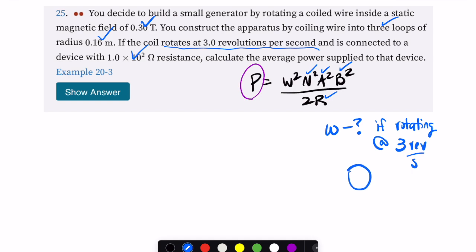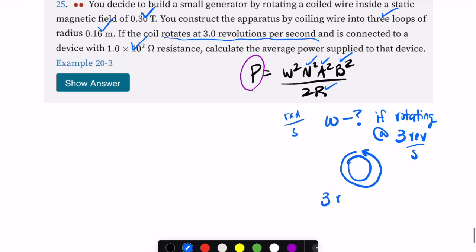If we go around a circle 1 time, 1 revolution is going to be 2 pi radians, right? Omega is in radians per second, so we need to convert to radians per second. So if we have 3 revolutions per second, 1 revolution is 2 pi radians. Boom, got rid of it.